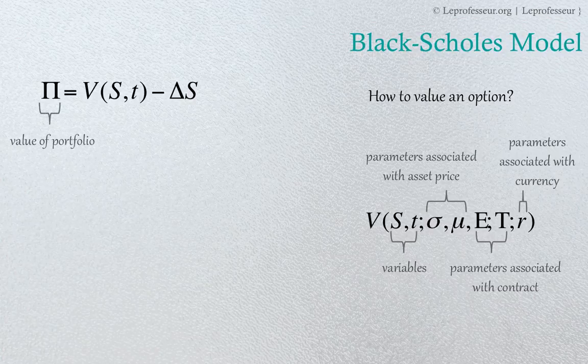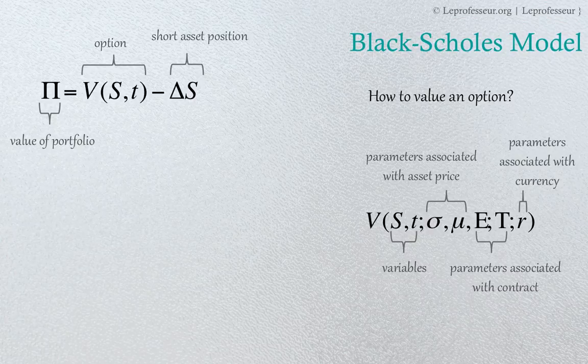So pi, as we said, is the value of the portfolio, V is nothing but your option value, and then the short asset position. Delta you think of as a quantity, and you multiply it by the price, but for a very short duration. That equation will give us the value of the portfolio.